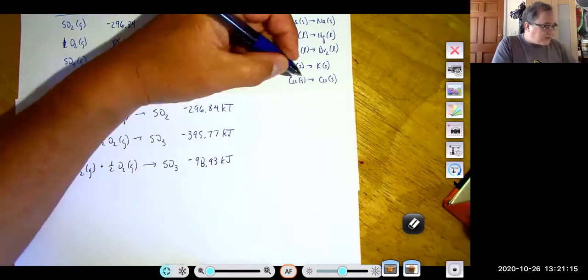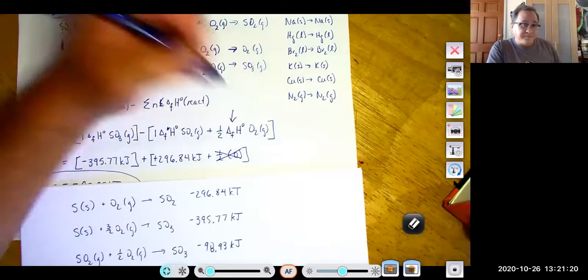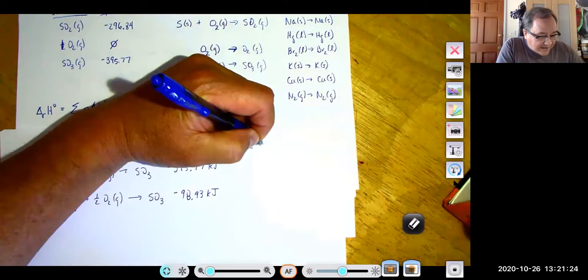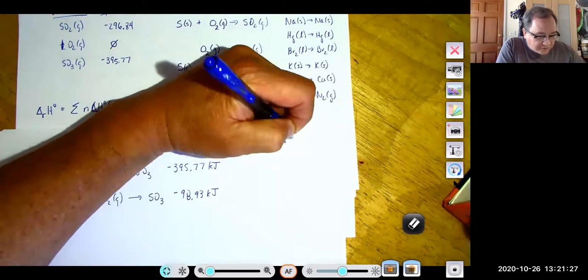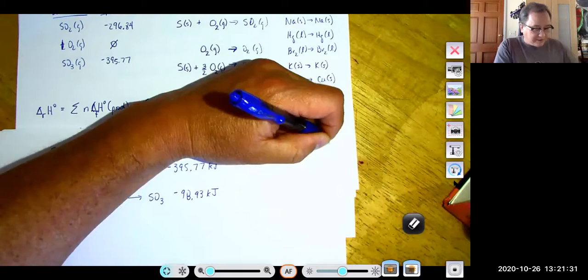And off in the back of our mind, we should be thinking about this one also: 1/2 O2 gas turns into 1/2 O2 gas, and the change in enthalpy is 0, of course.